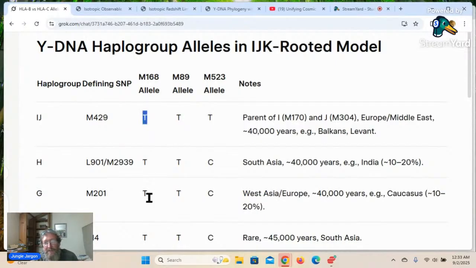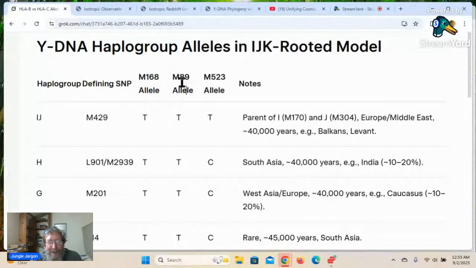It doesn't ever change. This one here, remember, this is the defining one for the Semitic population without the M9. So that's M89T. Remember, it was C before, then it was G. Now it's T.